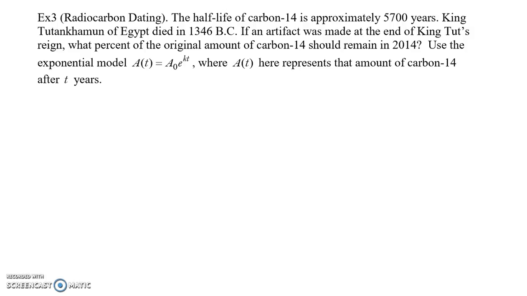This method can be used to date those artifacts, and the principle involves the known half-life of carbon-14 being approximately 5,700 years. So that can be used to determine the age of the artifact, and I'm going to show you how that method works and how we can use exponential equations to solve such a problem.